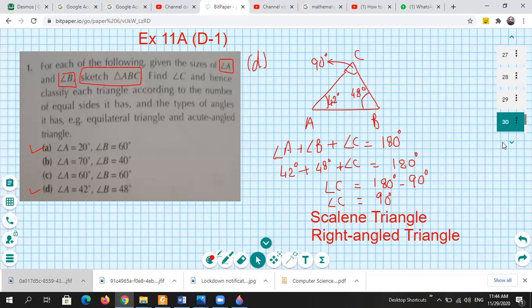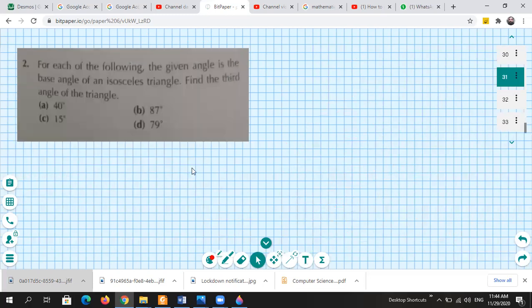All right, moving towards the next question, question number 2. Question number 2 says, for each of the following, the given angle is the base angle of an isosceles triangle. Find the third angle of the triangle. So the base angle is actually the angle which is not equal in an isosceles triangle; the other two angles are equal.